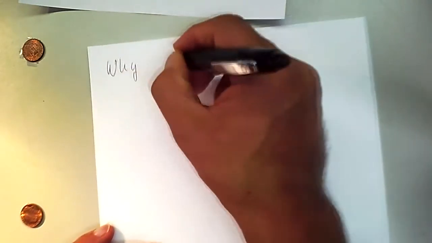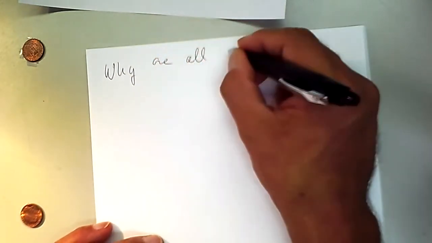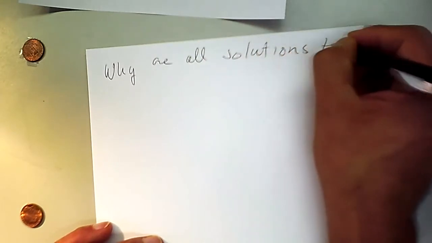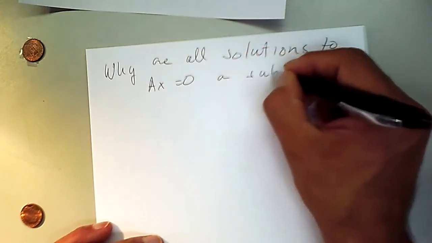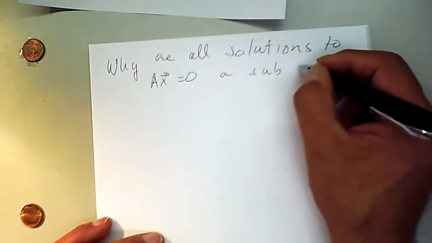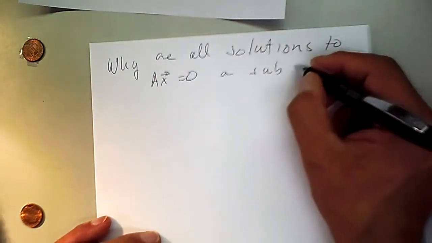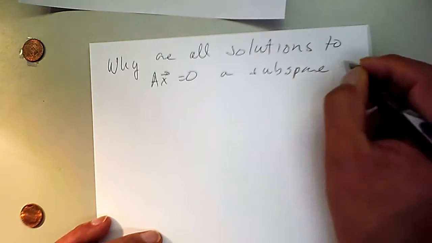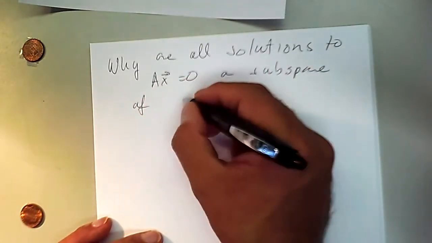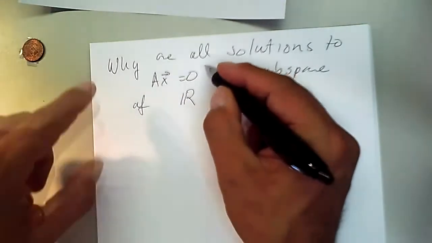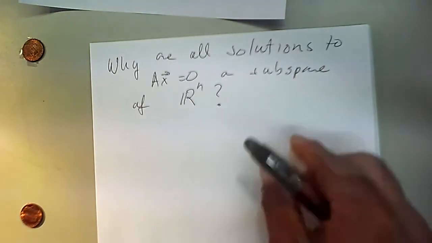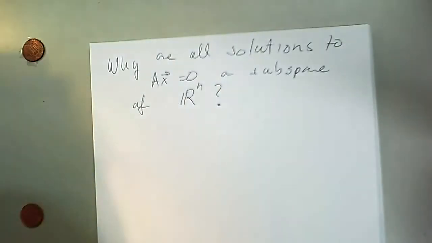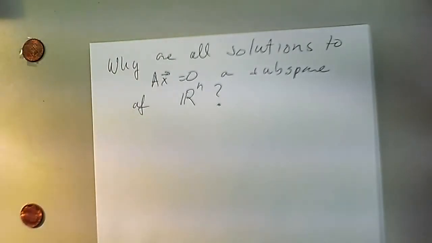So one question we should ask is, why are all solutions to AX equals 0 a subspace? By the way, by X, we mean the vector. A subspace of R^n? This is a little bit of a review of subspaces, and we cannot have enough review of subspaces.